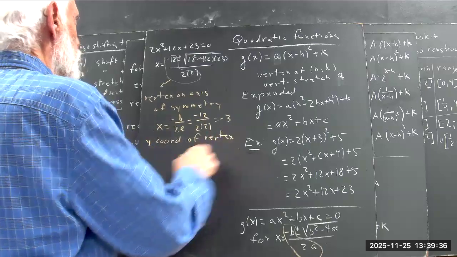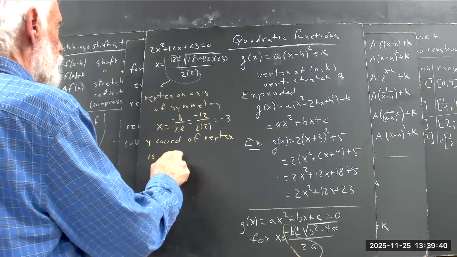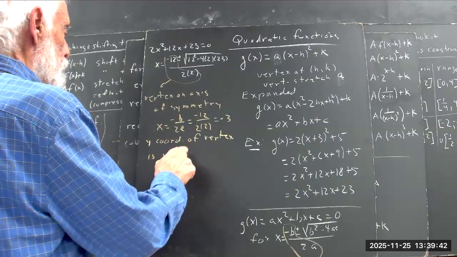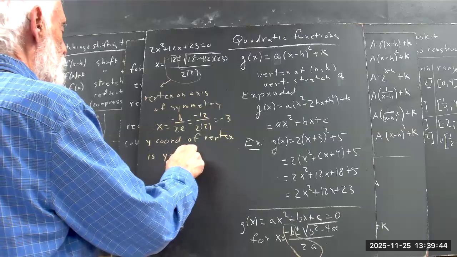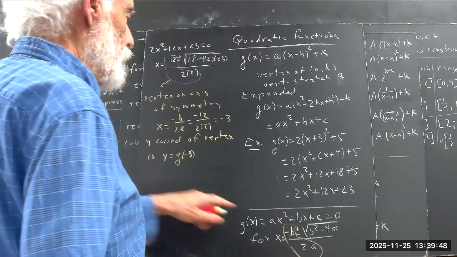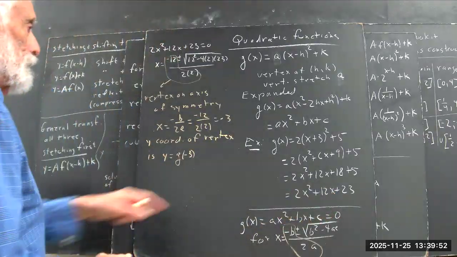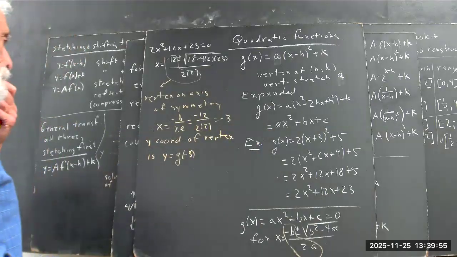So the y-coordinate of the vertex is, remember, our function is g of x. It's g of -3, and we'll use this form instead of this form to see what the vertex would be.